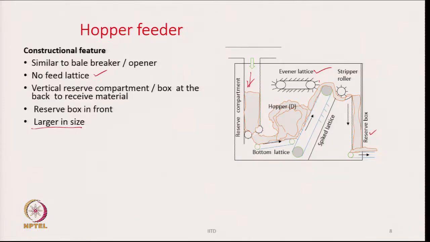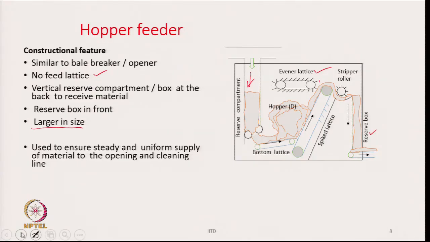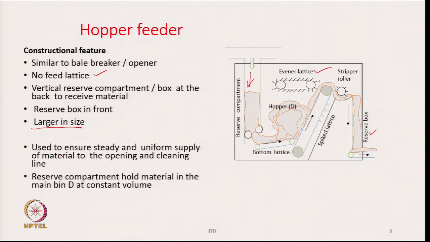So, because it has to store, therefore, it is larger in size. It is used to ensure steady and uniform supply of material to the opening and cleaning line. So, the reserve compartment hold the material in the main bin at a constant volume.